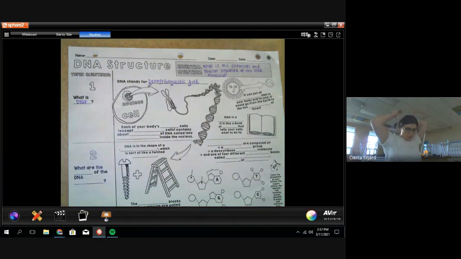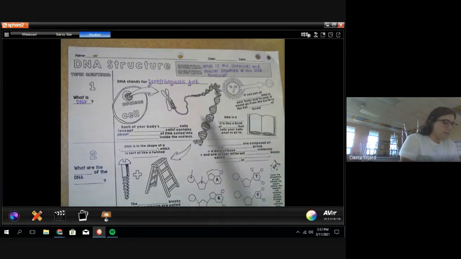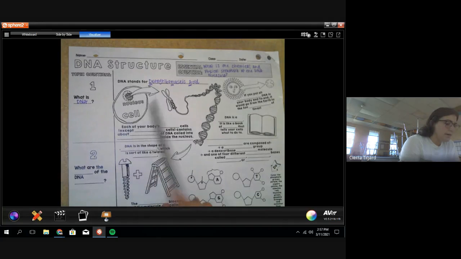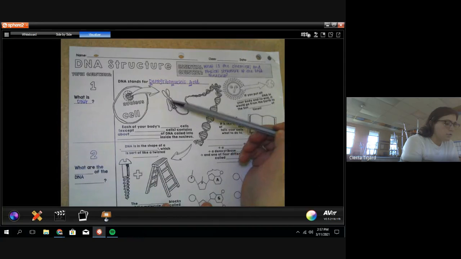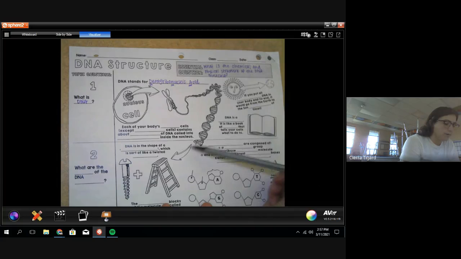Okay, so we can see that the DNA is in our nucleus of the cell, and then they are packed into chromosomes, which has the DNA coiled into it.